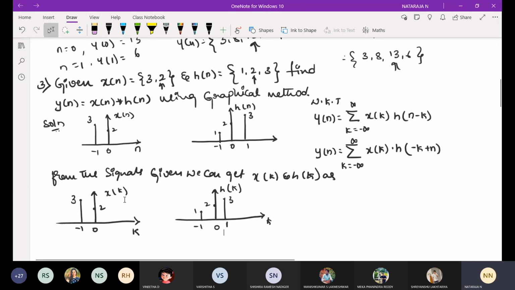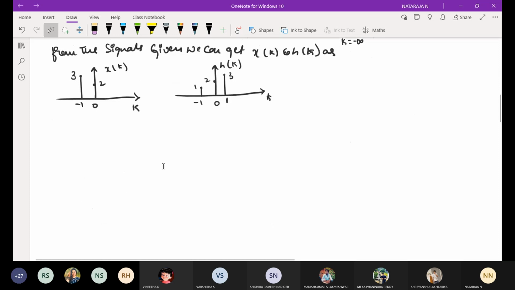Any issues up to here? Any doubts? No, sir. Now I will write k varies from -1, 0 and n is equal to -2, -1, 0, 1, as we discussed in the last problem. N varies from -2 to +1.